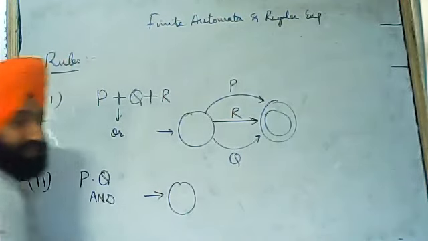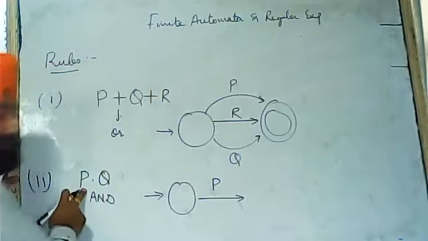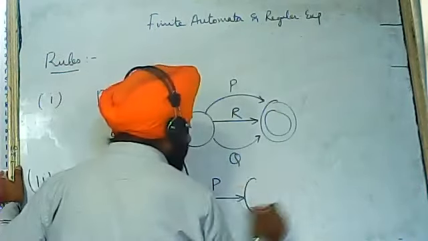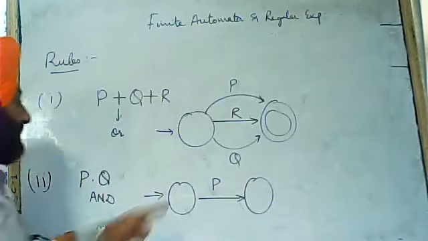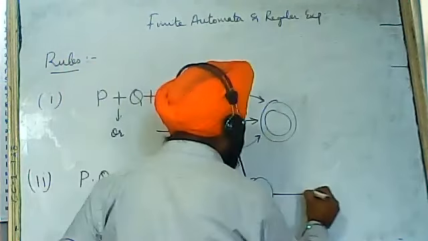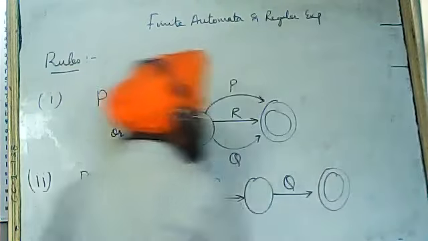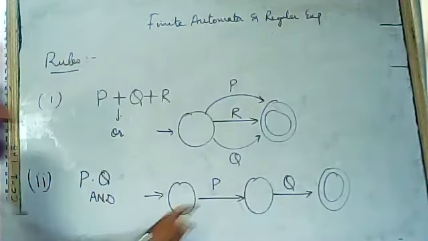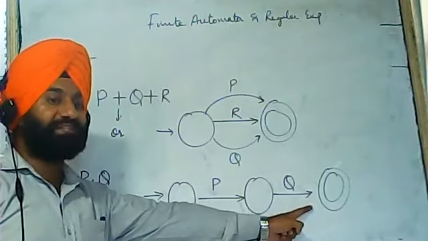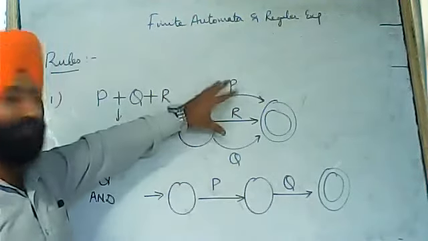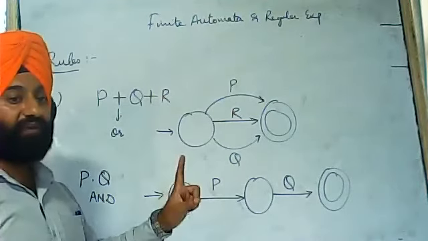Your initial state, then the first edge P, one intermediate state is introduced, then Q, and your final state, right? So you have only one way of approaching the final state, whereas for plus you have multiple ways.